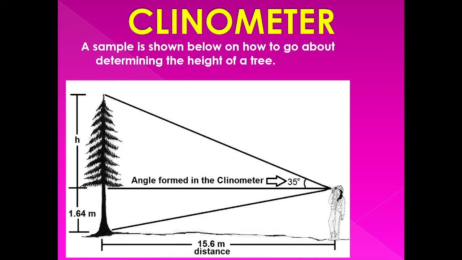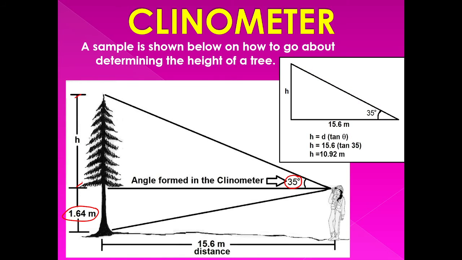So the height of the person, this is H2. This is the height of the person, 1.64 meters. This is from this height going to this height. And the distance from the tree to the person. The 35 degrees was obtained using a clinometer.